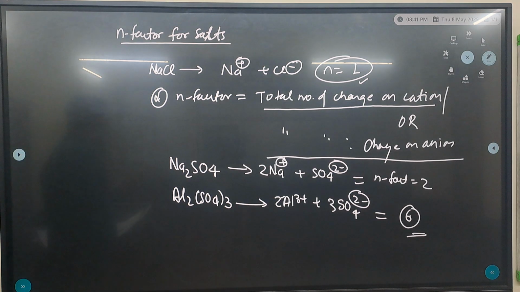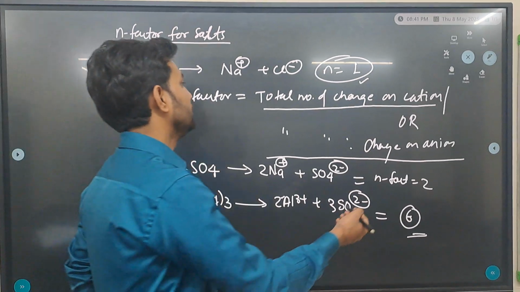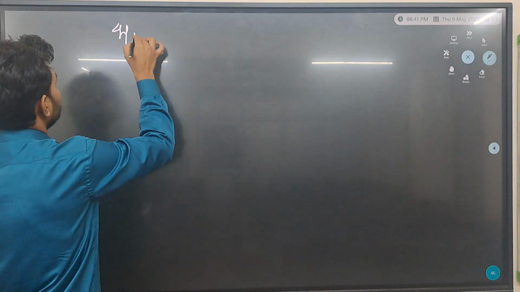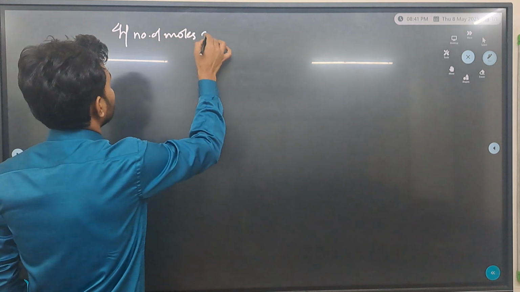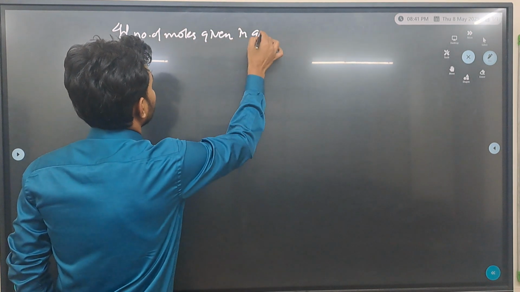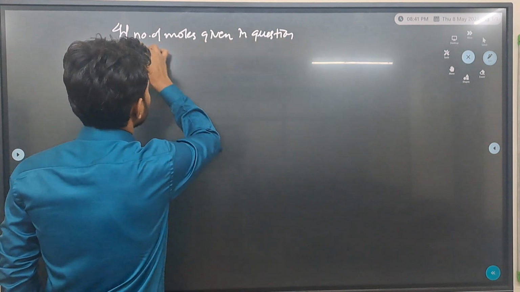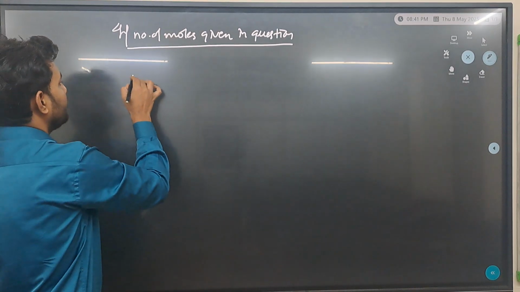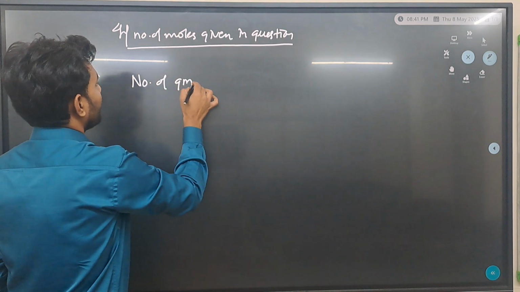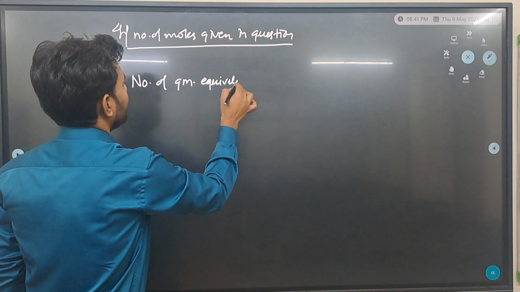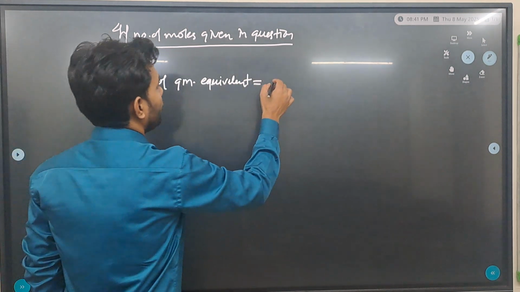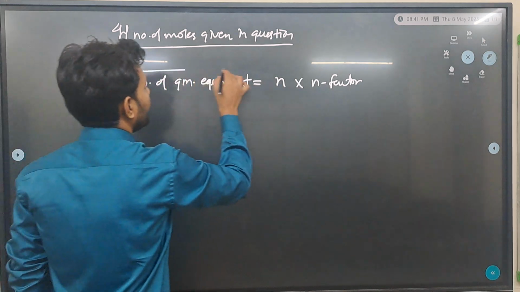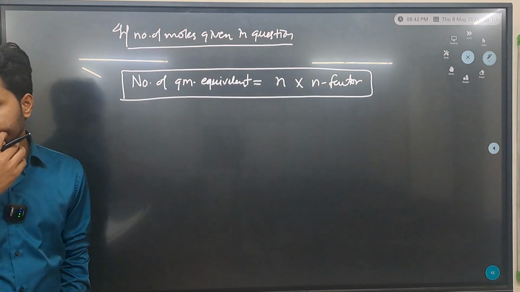Now if the number of moles is given in the question, then the formula for the number of gram equivalents will be n into n factor, where n is the number of moles of solute.